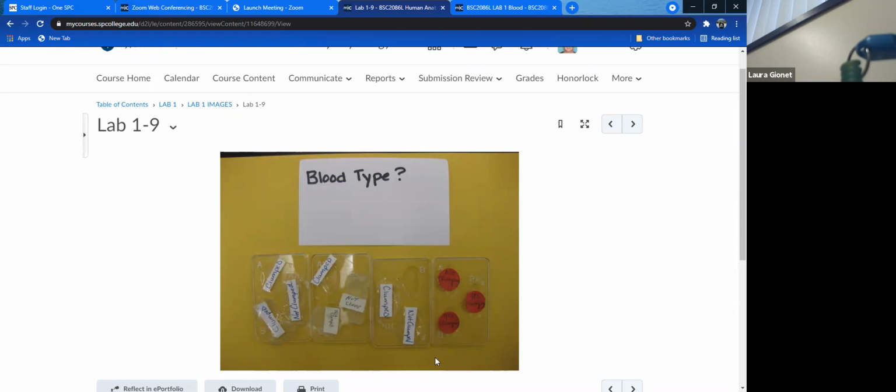That's why I wanted you to know, if I knew that this was blood type, like O negative, essentially you're identifying what you would see in well plates A, B, and C when you put the antibodies in there. So that way you can work forward and backward. If I'm blood type O, then the reaction with A antibodies would be a negative reaction. And for the B would be a negative reaction because blood type O has neither A nor B antigens on the cell surface.